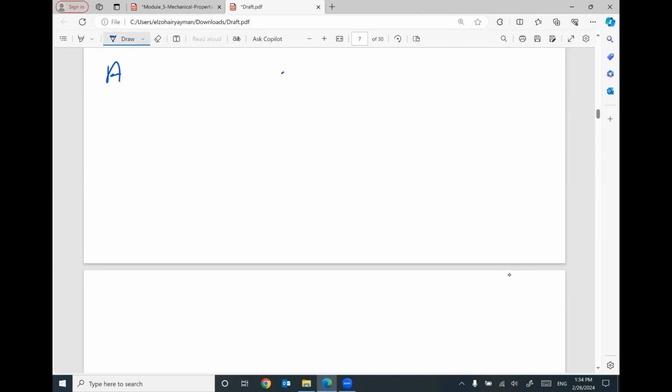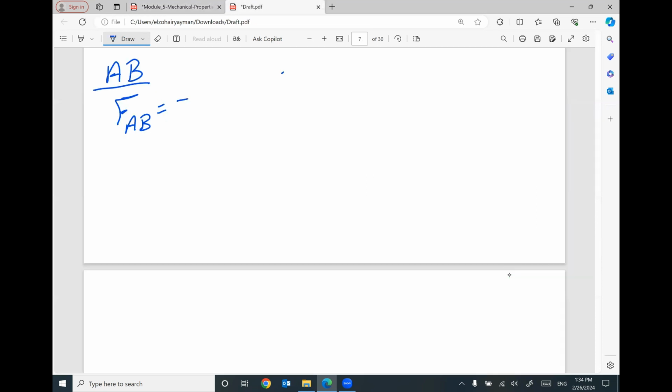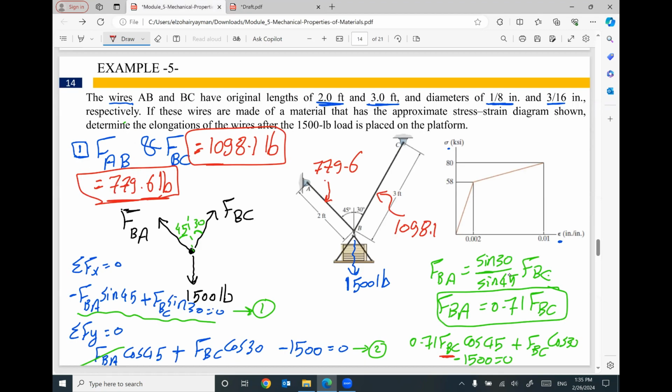For member AB or wire AB, the applied force in this wire, FAB, was 779.6 pound. The diameter of wire AB was 1/8 inch.